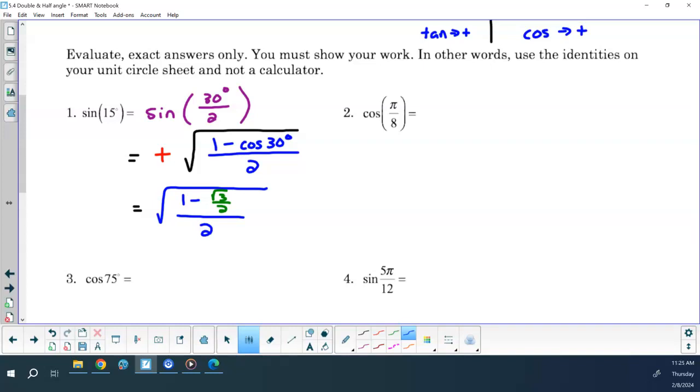So if I keep change flip now, then this would become, I didn't really give you enough space to work on this. Clearly I blame myself. So we'd have the square root of 1/2 minus the square root of 3 over 4.